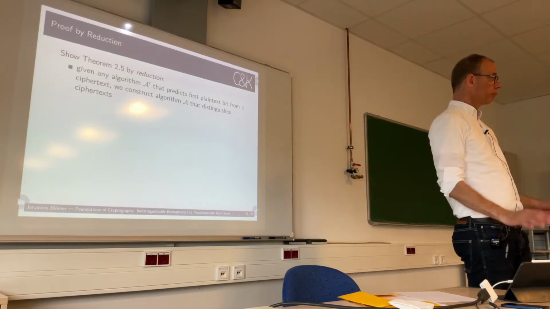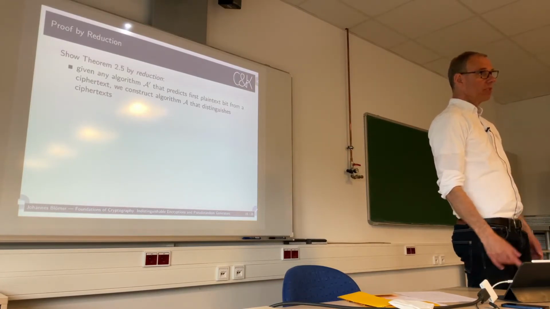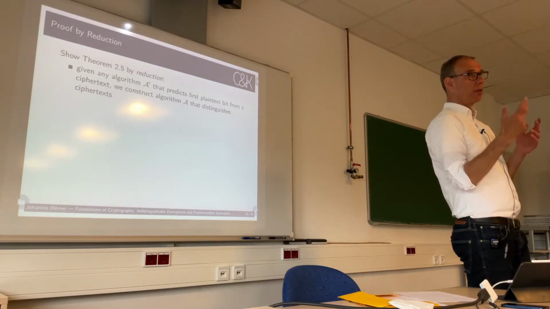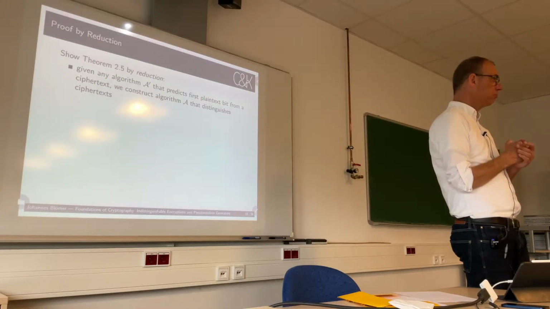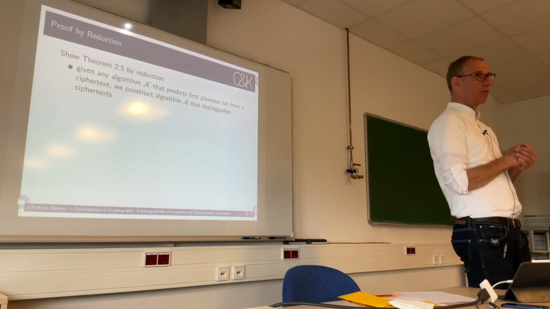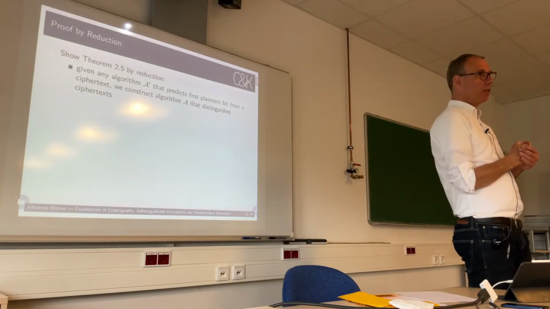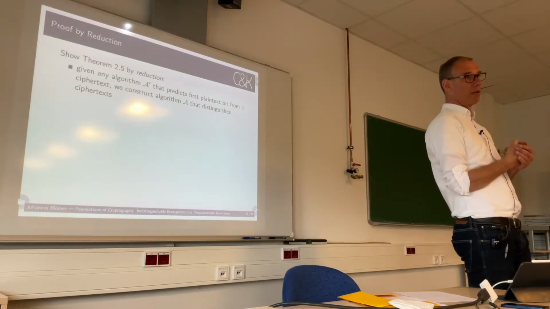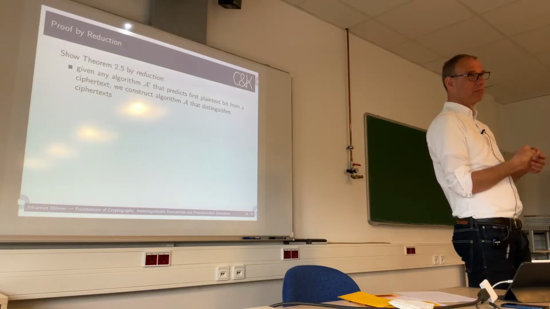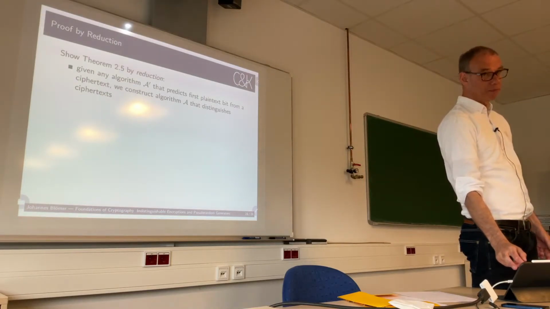Good. This is like reductions you saw in complexity theory, right? Given an efficient algorithm that can predict whether a graph has a Hamiltonian cycle, you construct an algorithm that can decide whether a Boolean formula is satisfiable or not. Something similar happens here.